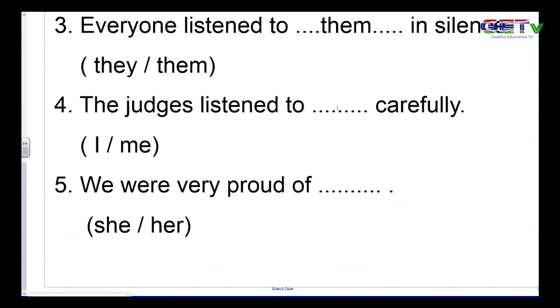The judges listened to Das carefully. I, me. The judges listened to me. That is the correct pronoun to fill in that blank space. The judges listened to me carefully.